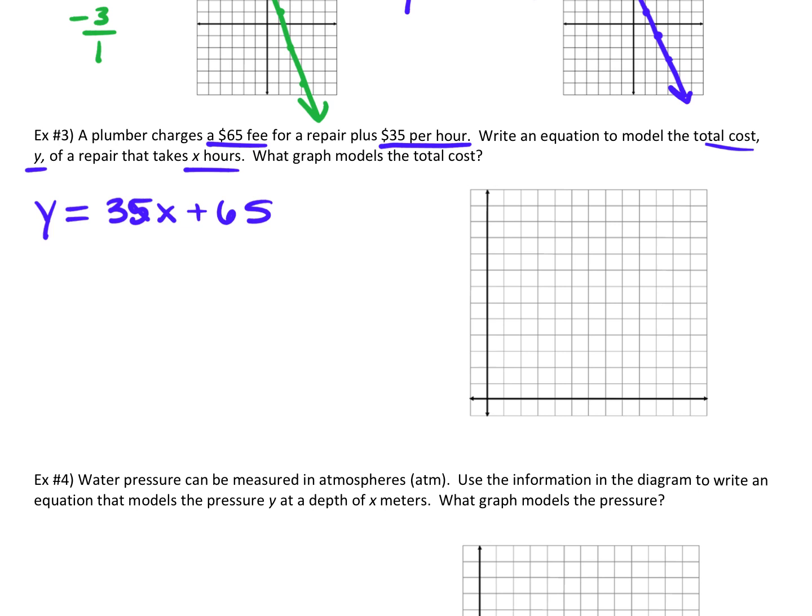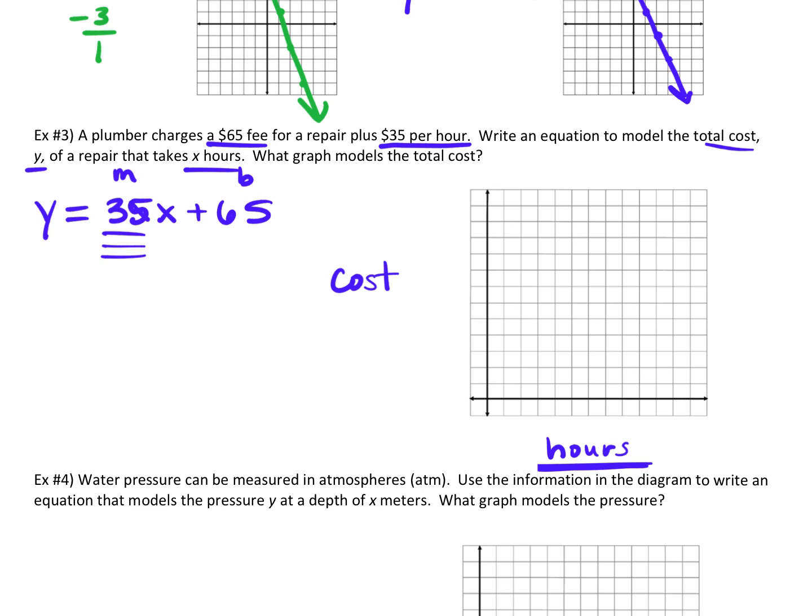Okay, what is the slope of this line? It's 35. This is the slope, okay? What's the y-intercept? 65. So here's what I recommend. First of all, what variable is on the bottom? It's your x, it's your hours, right? This is your cost.